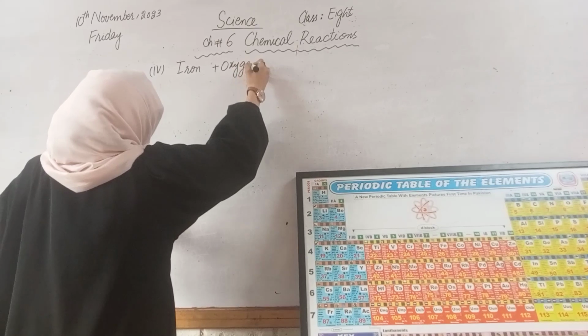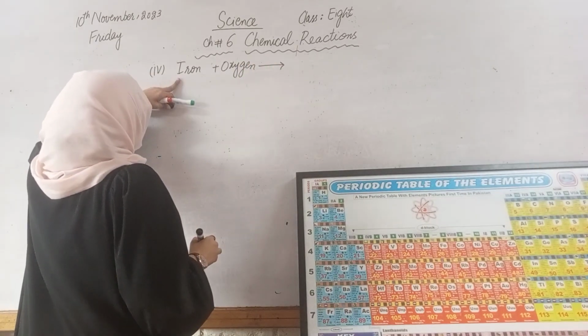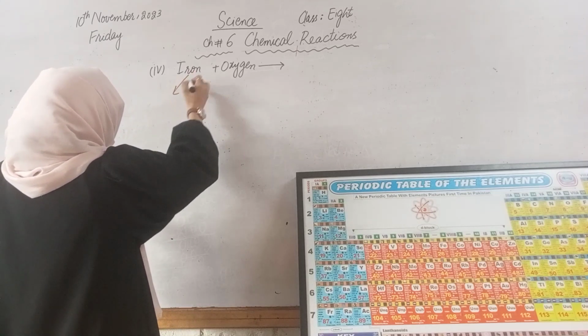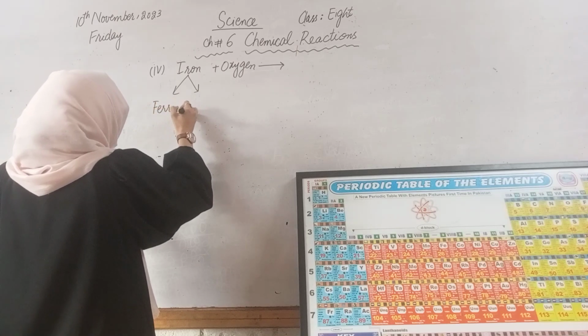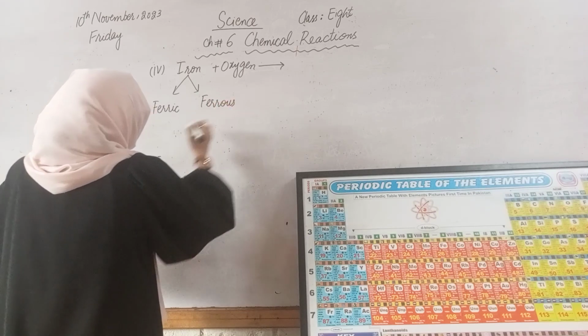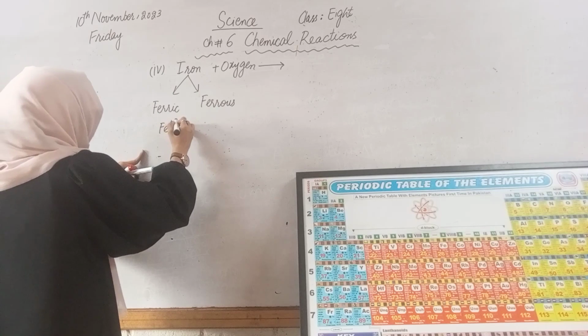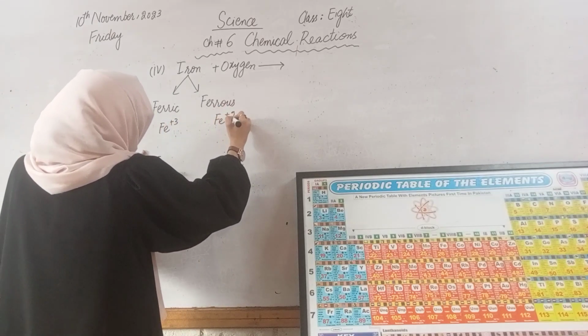We have discussed one thing about iron, that it is found in two states, ferric and ferrous. Ferric has charge +3, Fe3+, and ferrous has charge +2, Fe2+.